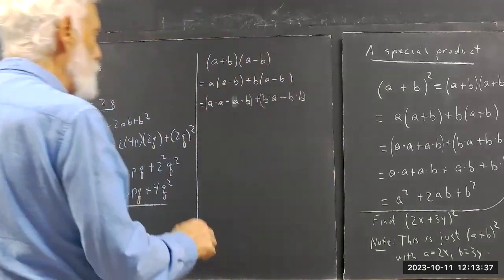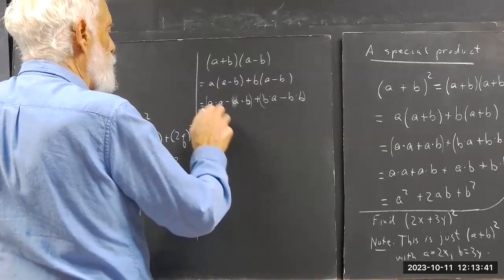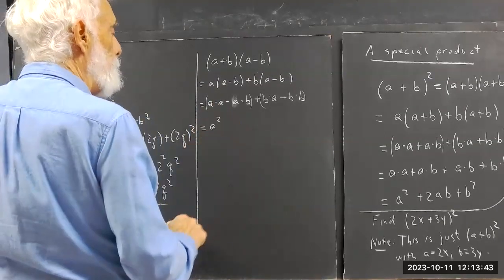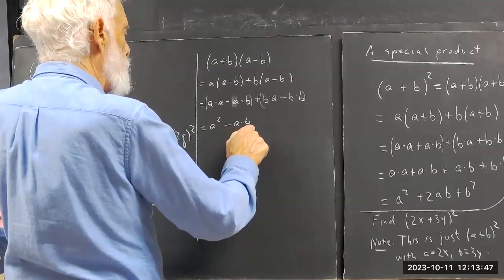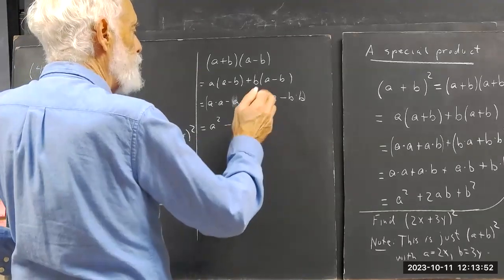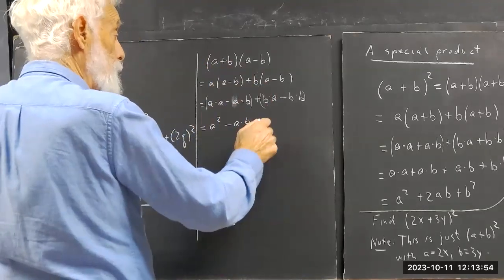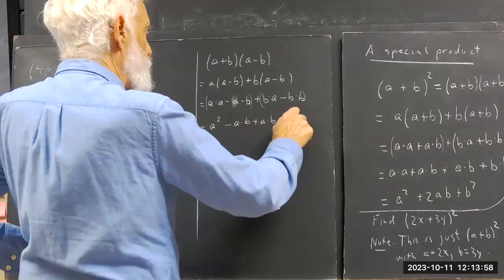But I really don't need the parentheses, and I'm not going to write them in the next step. Okay, well, A times A is A squared. Then we got minus A times B. But then we got plus B times A, which is the same as A times B.